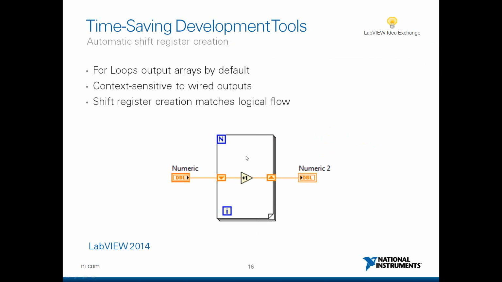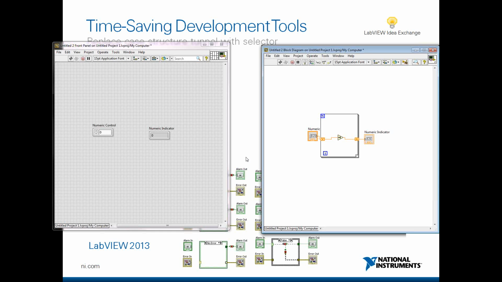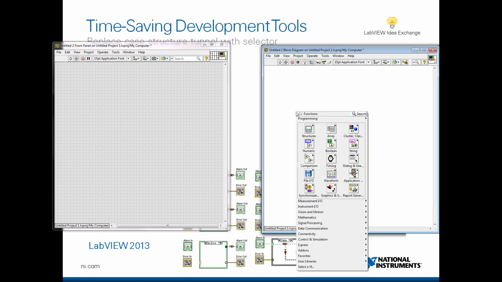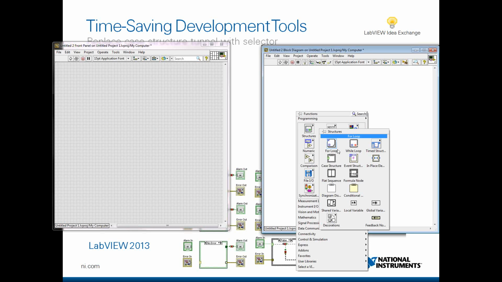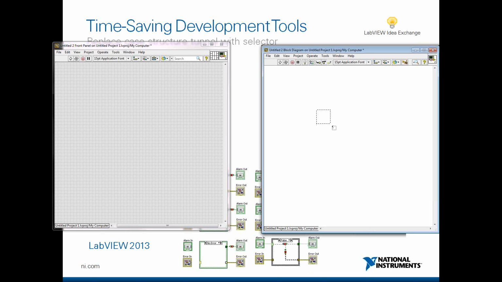We have also added a new shortcut menu option for the case structure tunnels, which says replace with case selector. We have always seen that while working with a case structure, if we have to change the selector option, it takes a lot of time.